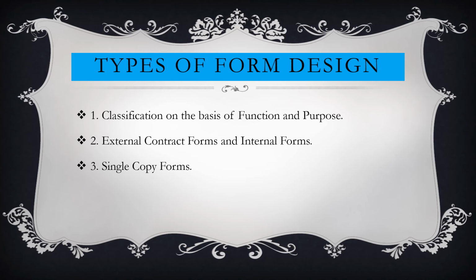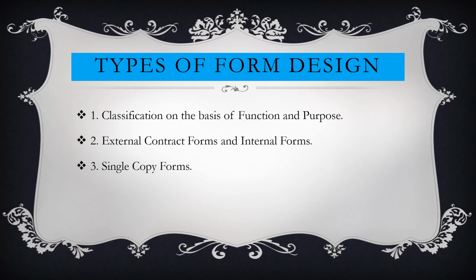In this slide, now we will discuss types of form design. The first is classification on the basis of function and purpose. The forms can be classified on the basis of function.